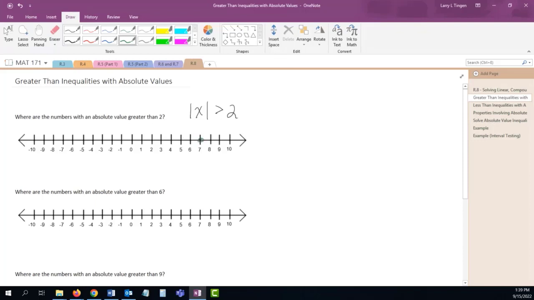Great. 7 is right here. 7 is more than 2 units from 0. 7 is part of the solution set of this absolute value inequality. What else? Give me some other numbers. 3. Great. Yep, 3's in there.